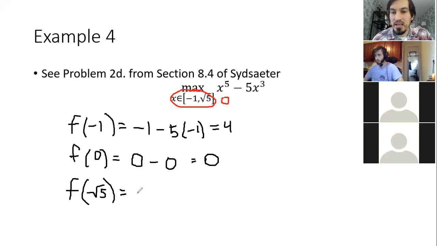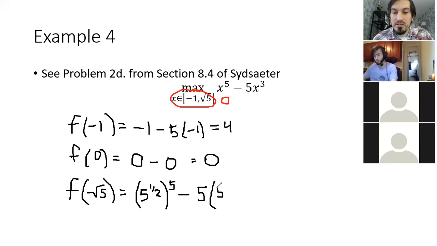But in case you can't see that in your head, what would you do here? I'm going to pretend you didn't see that, and you have to just do this step by step. Let's remember that the square root of 5 is the same as 5 raised to the 1/2 power. And if I do that, that's what I have here. 5 to the 1/2 power raised to the 5th power minus 5 times what?